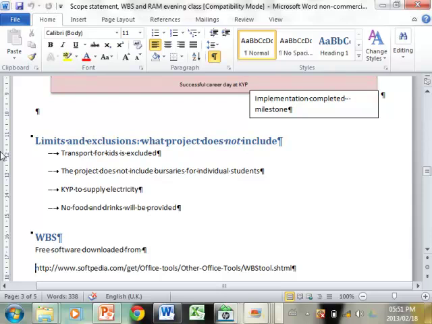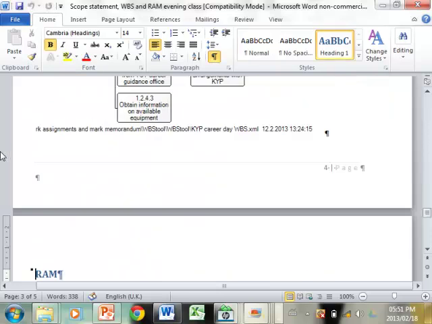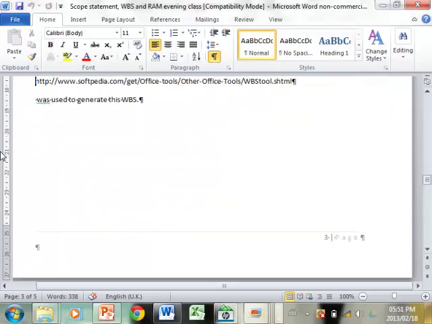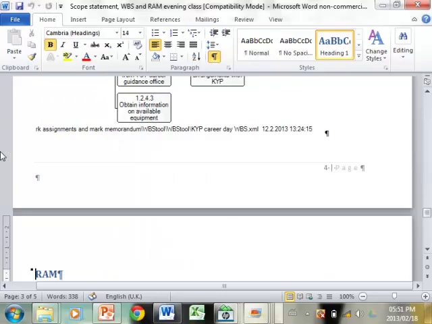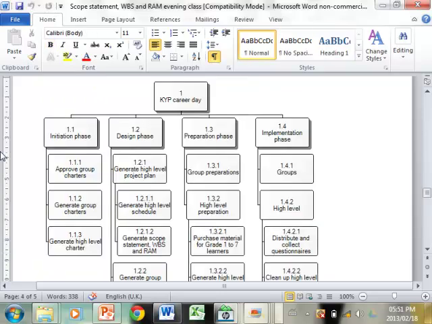This one automatically puts the numbering in for you, and it automatically makes the levels. Of course, you have to tell it how to do the levels, but it automatically puts the lines in for the levels for you. All right.